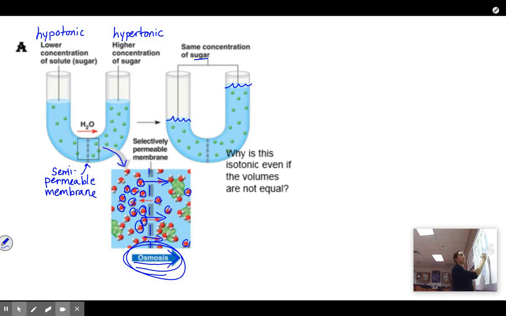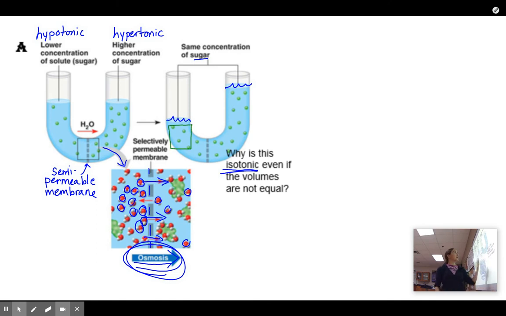This is still considered isotonic, and this is a really important thing to remember. The word isotonic means they have equal concentration, not equal amounts. And concentration is just the number of particles per unit volume. So let's see if I can illustrate this a little bit. If we draw a box in here, just say we make a box about that big.